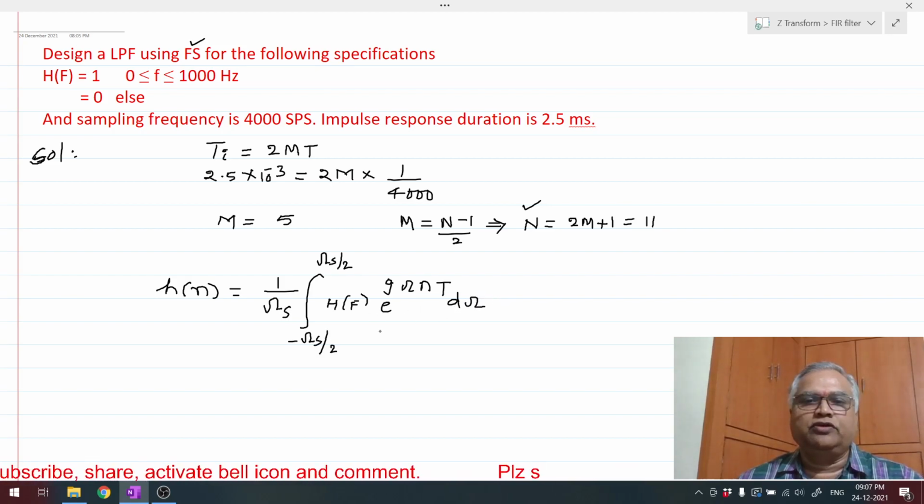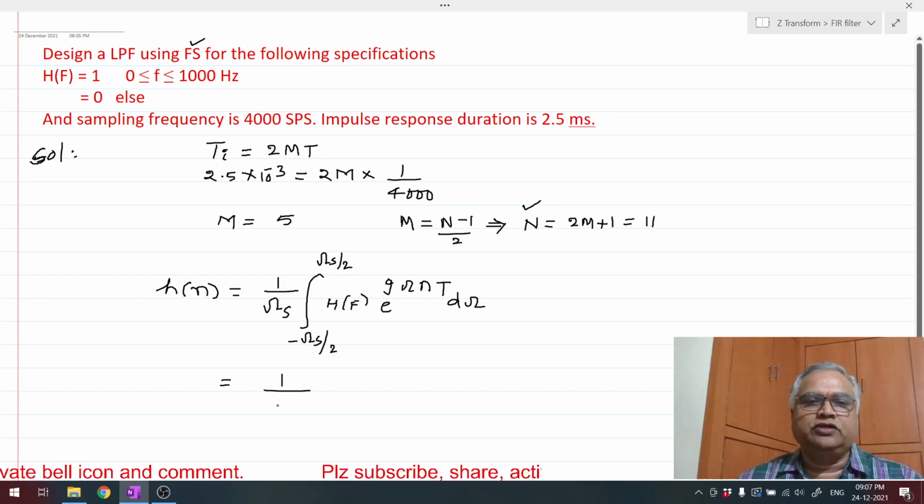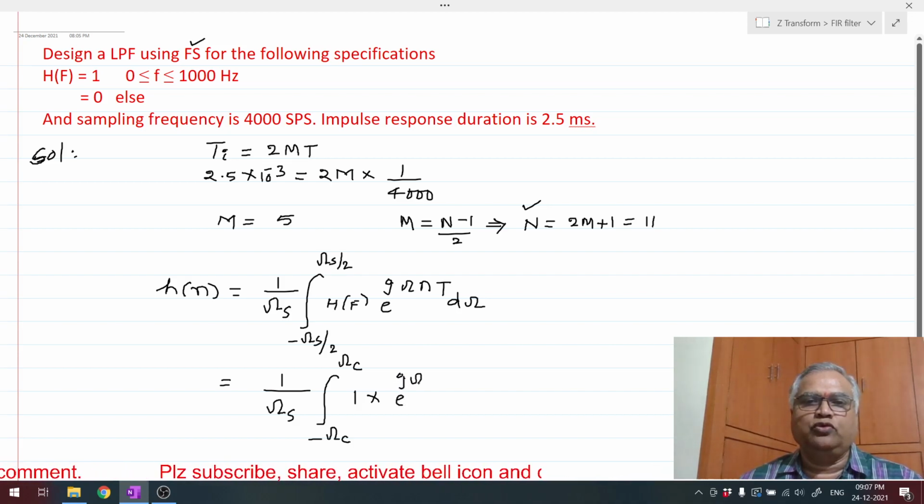But here what we are doing is a low pass filter. For low pass filter, how will the limits change? Its value is 1 from minus omega c to plus omega c. Within this range, the integrand is e power j omega n T d omega.